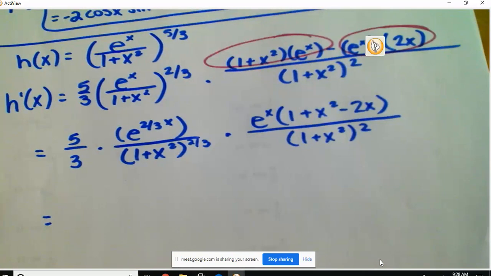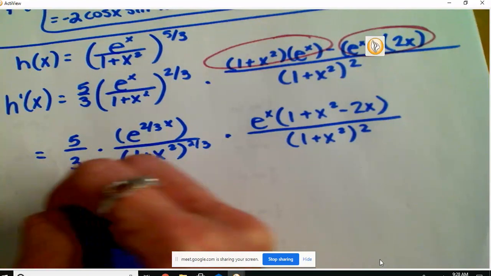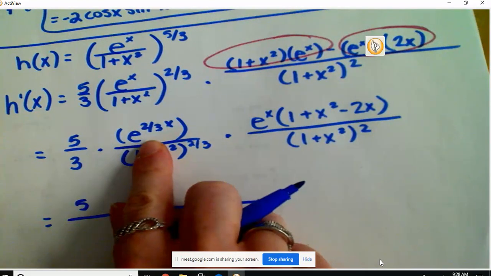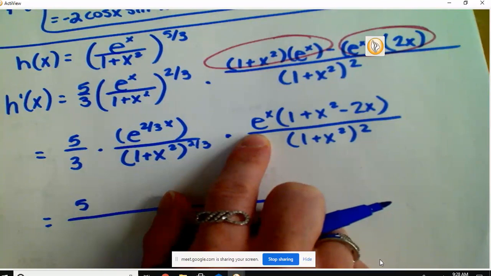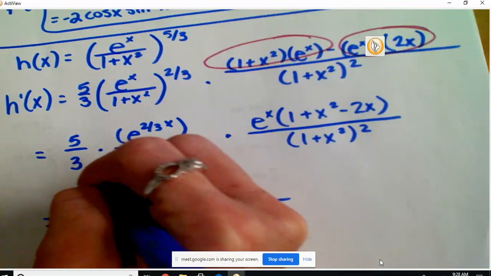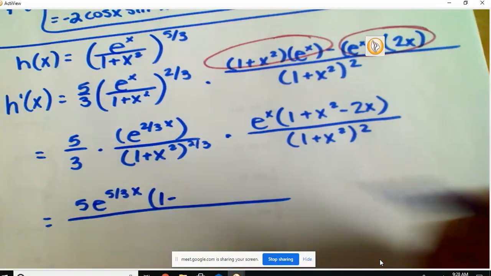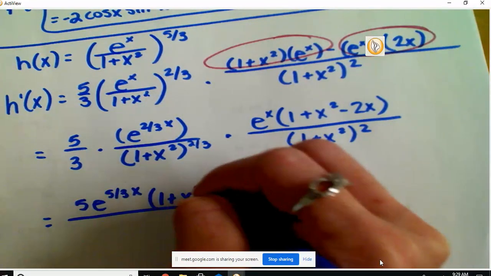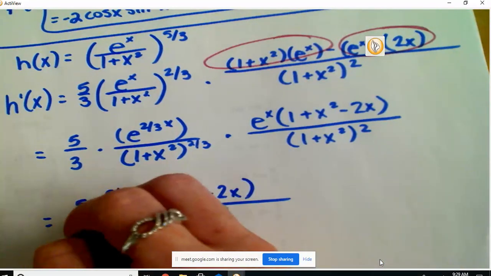Okay. So now let's just write this as one big fraction. So the top, we have a 5. E to the 2/3 x times e to the x. When you multiply, you add those exponents. So 2/3 x plus 1x would be e to the 5/3 x. I have my 1 plus x squared minus 2x. On the bottom, we have a 3.